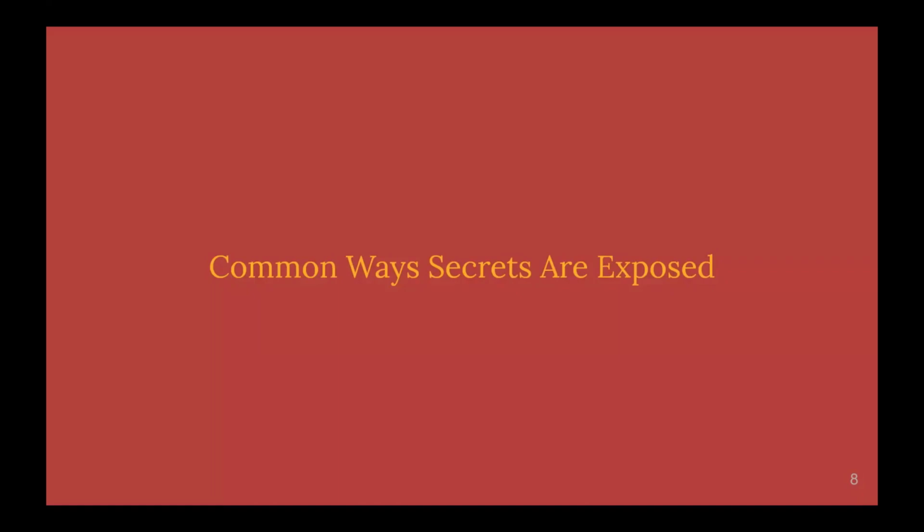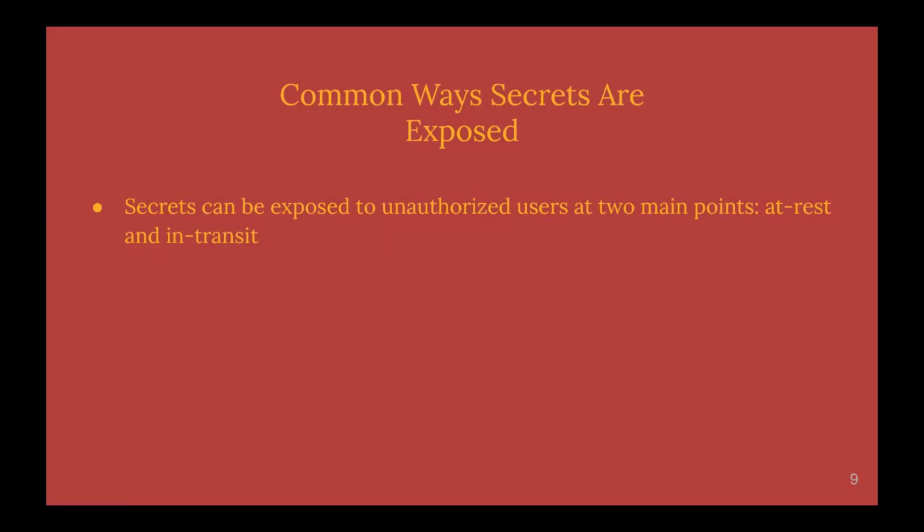With that, let's examine some common ways that secrets can be exposed. Secrets can be vulnerable to exposure in two stages: at rest and in transit. At-rest exposure happens when secrets are saved or stored in a dormant state, like in a database or code repository.